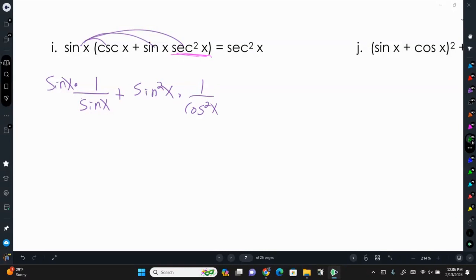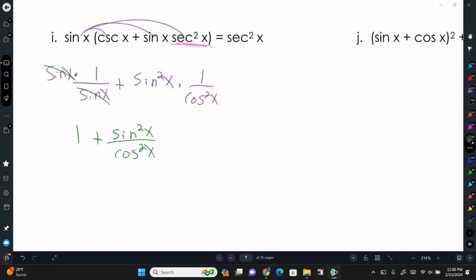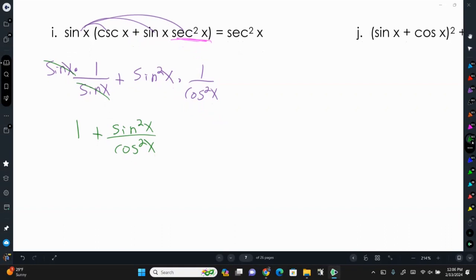Okay, the signs here are going to cancel. So I have 1 plus, and I can combine these into sine squared x over cosine squared x. Well, sine squared x over cosine squared x, that's going to be tangent squared x.